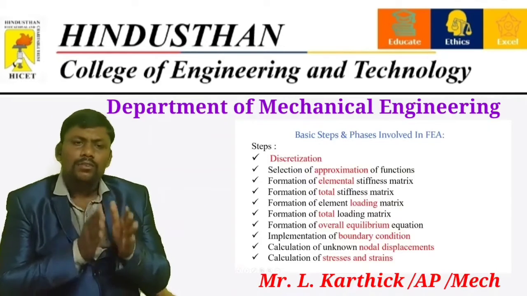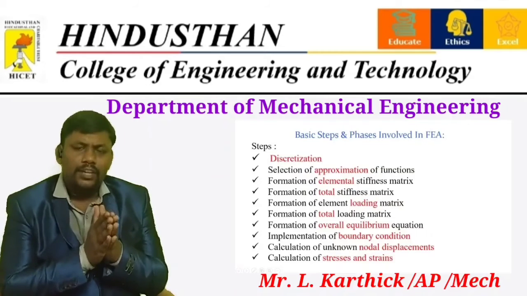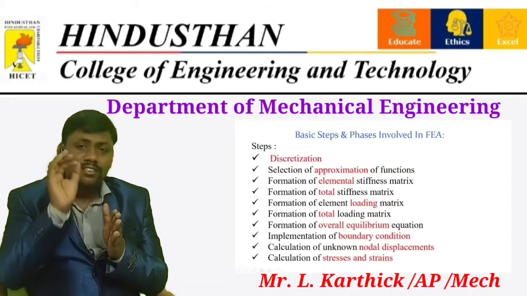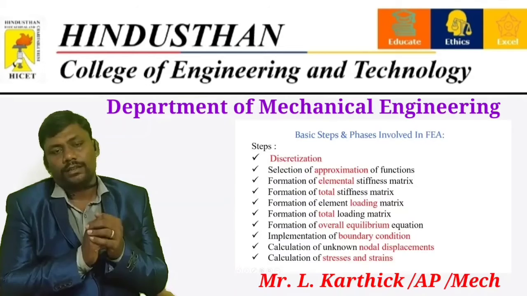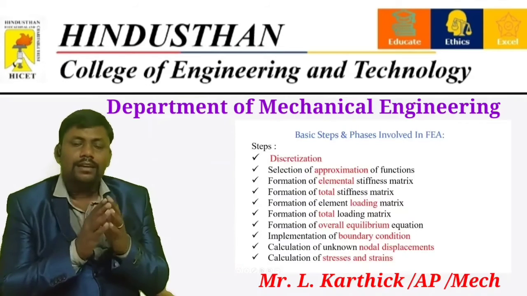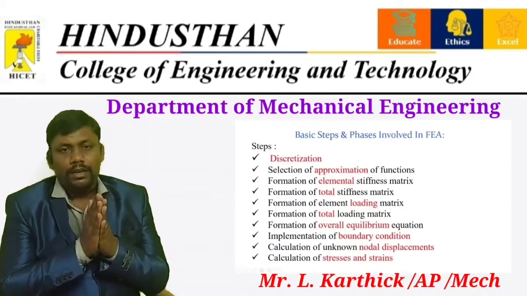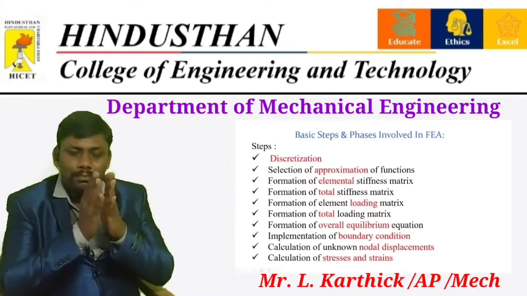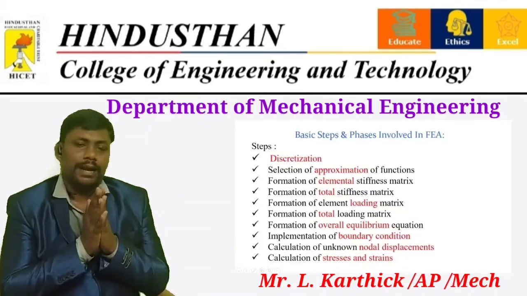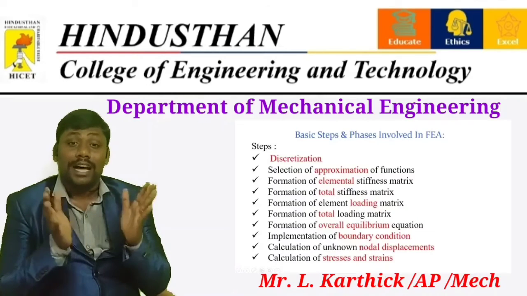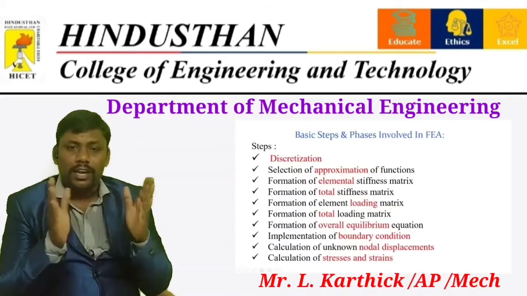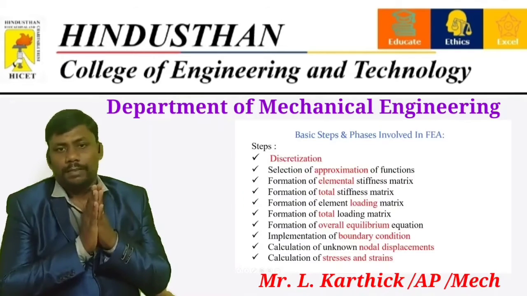And next, for whatever element you take, you need to write the element stiffness matrix. That is the third step. Once you form the element stiffness matrix for each element, at the end you need to club all the element stiffness matrix equations, which is called assembling. Then finally you will get the global stiffness matrix.